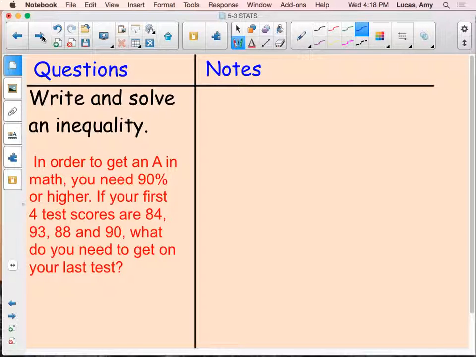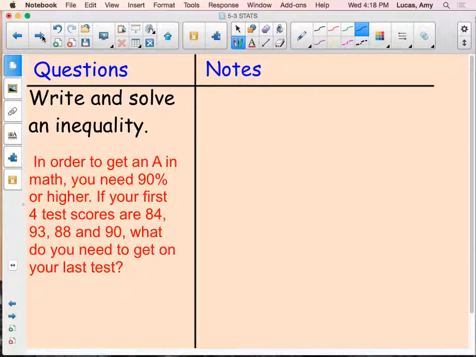Okay, our last word problem example. Write and solve an inequality. In order to get an A in math, you need 90% or higher. If your first 4 test scores are 84, 93, 88, and 90, what do you need to get on your last test?